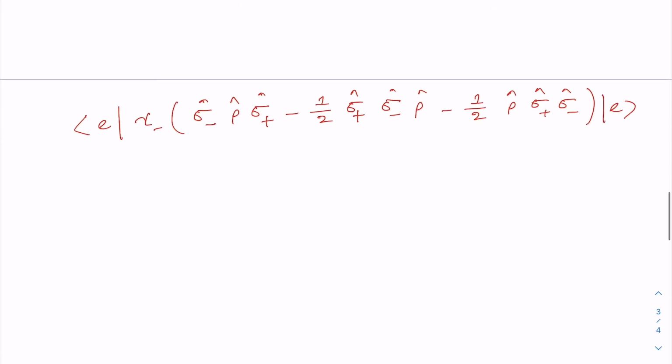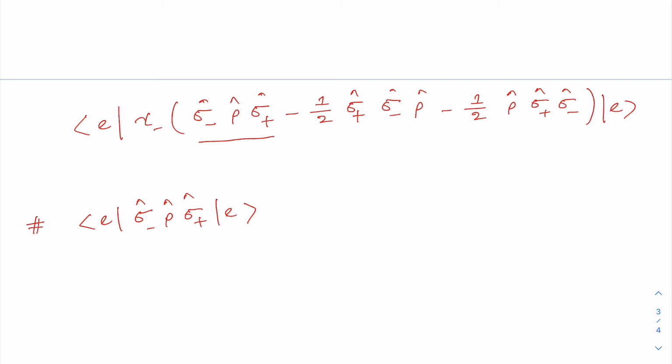So to do this, let me first work out this term. γ₋ is anyway a constant parameter, so let me work out ⟨e|σ₋ρσ₊|e⟩.